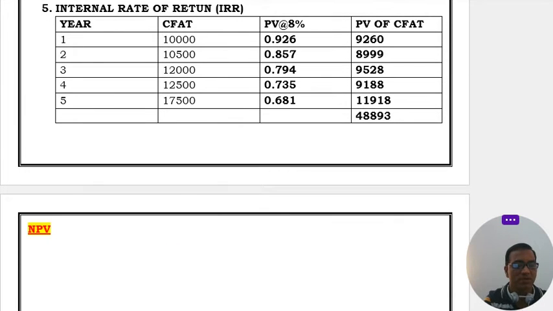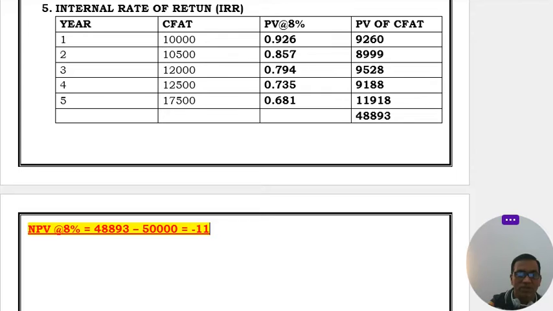NPV at 8% is total PV of CFAT, 48,893, minus cash outflow, 50,000, which equals minus 1,107, negative.